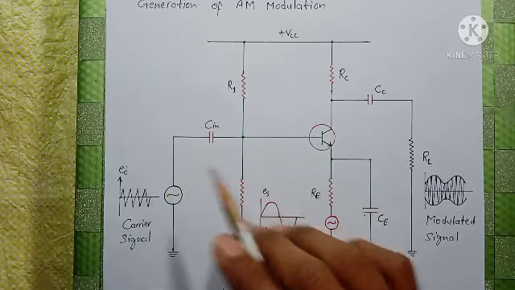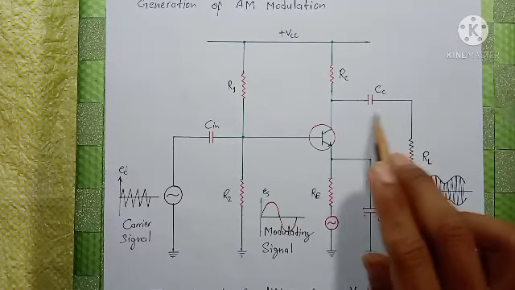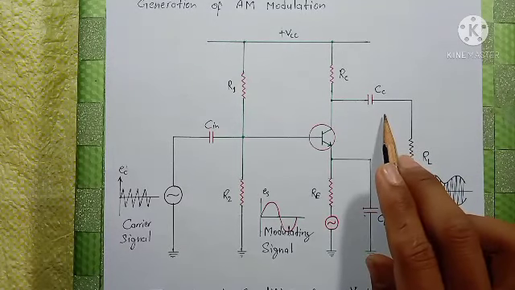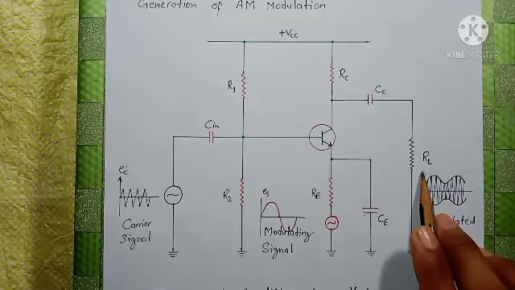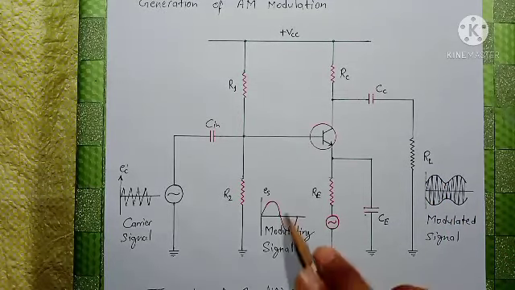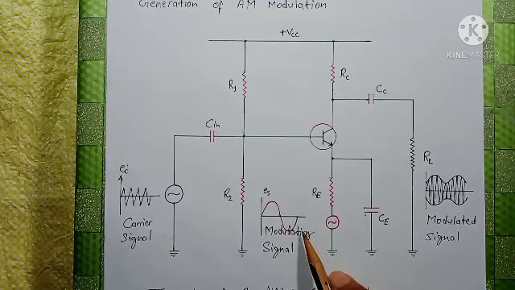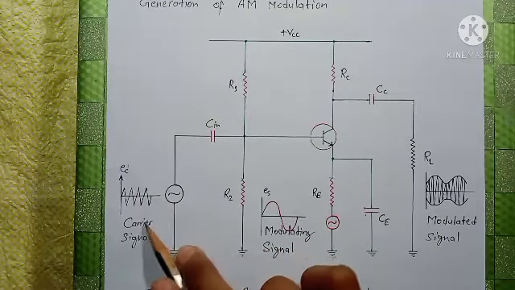Now this is our coupling capacitor Cc, and it is connected with load resistance RL. Now we have to give the input signal in the emitter circuit. This is the audio signal Es, and here we will apply the carrier signal Ec on the input side.